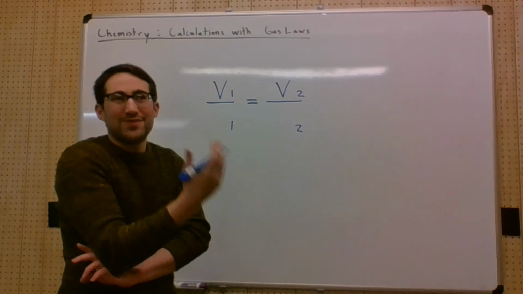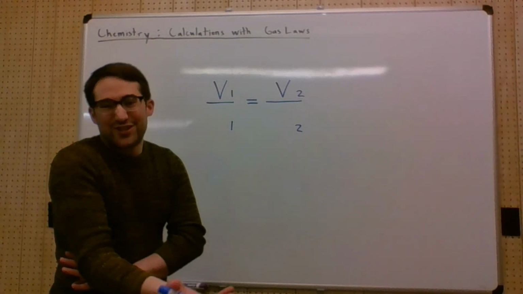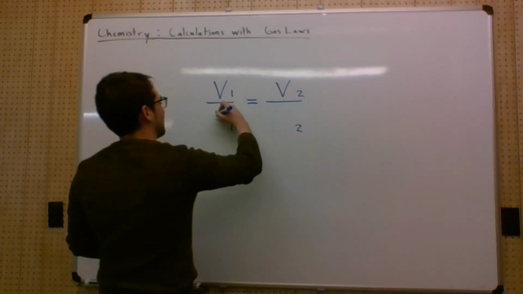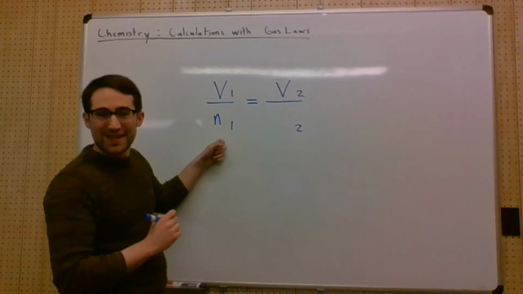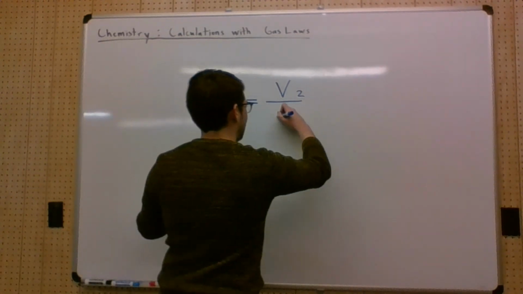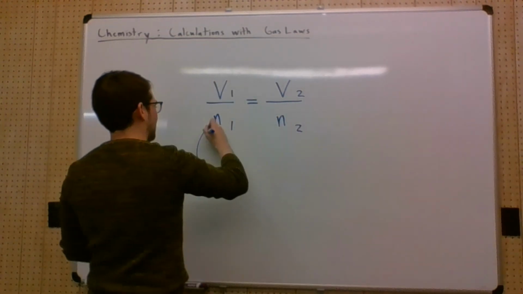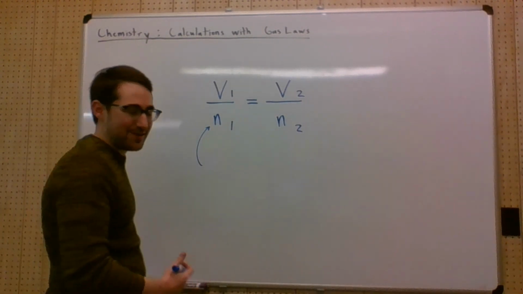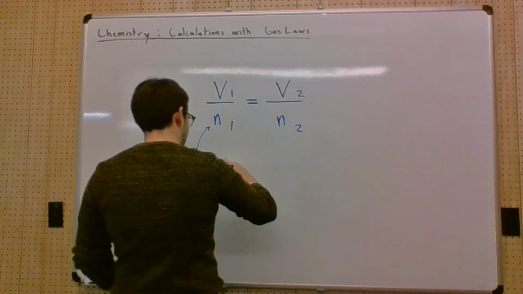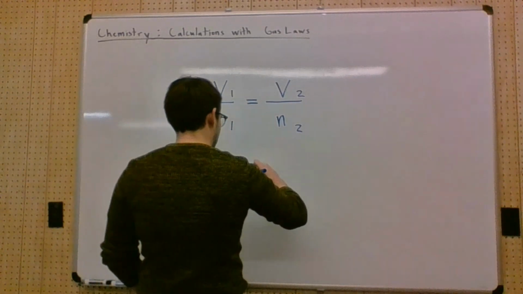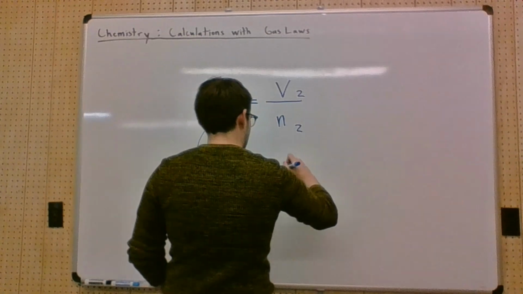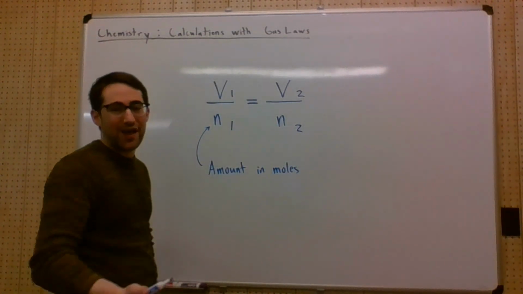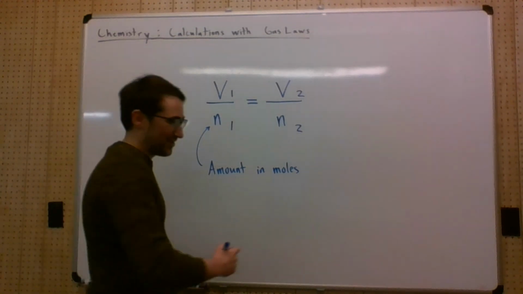Well, what comes next after M is N in the alphabet, so we'll just kind of settle for that. So to represent the amount of gas, we're using N for moles. And again, that's representing the amount of gas particles that we're dealing with. Also, don't forget that we abbreviate moles to be MOL. Same thing, it just saves us a couple letters.